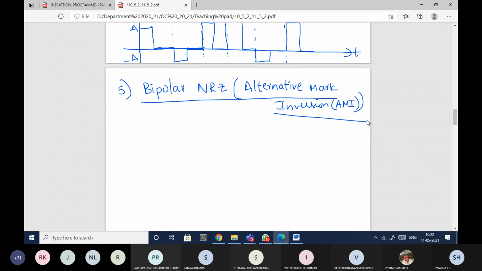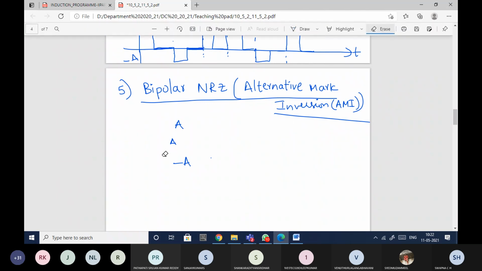Okay, so here what will happen? One will be represented with A. If the initial one is represented with A, the next one will be represented with minus A. Okay, so I'll just explain you again.